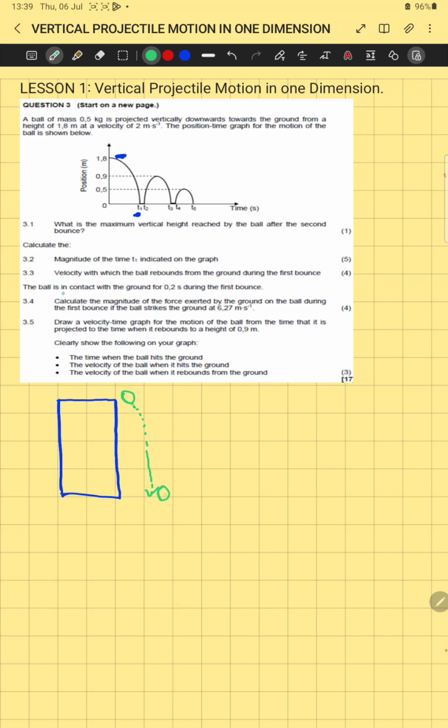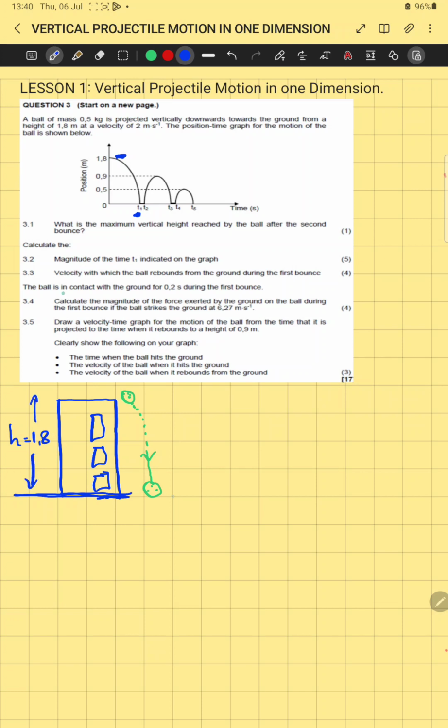This is the ball here, downwards. So the ball is being projected. This is the height. Maybe it's the height of a building, but they didn't say that. I just want to have a picture, guys, of what is going on here. So that means the height here is 1.8, from above there to the ground.